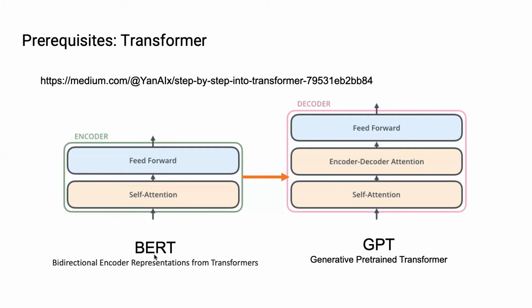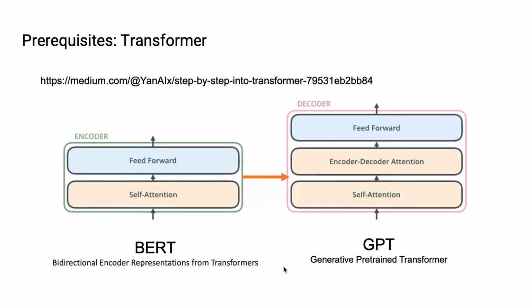And after the transformer was proposed, there are majorly two threads, BERT and GPT. BERT is the bidirectional encoder representations. It's mainly using the encoder part of the transformer, and GPT is the generative pre-trained transformer, and it only uses the decoders in the transformer.